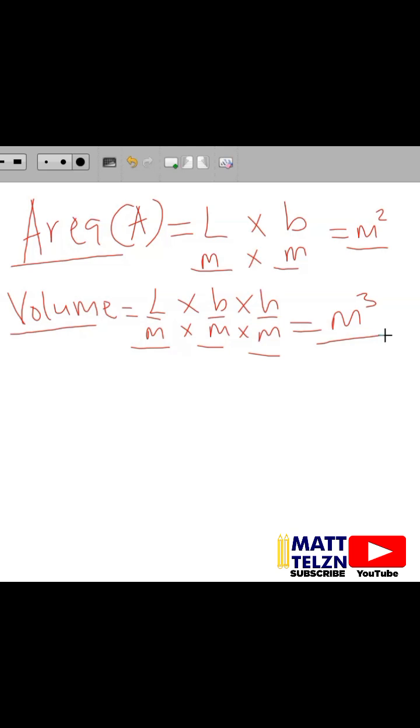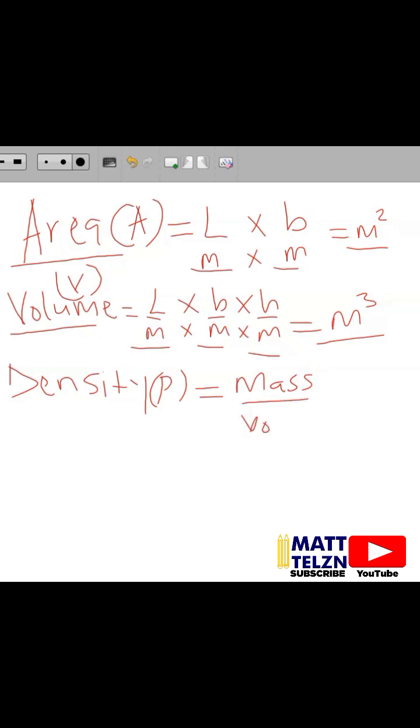Now the next derived quantity is density. The symbol for volume is capital letter V. We use rho to represent density. Density is mass over volume.